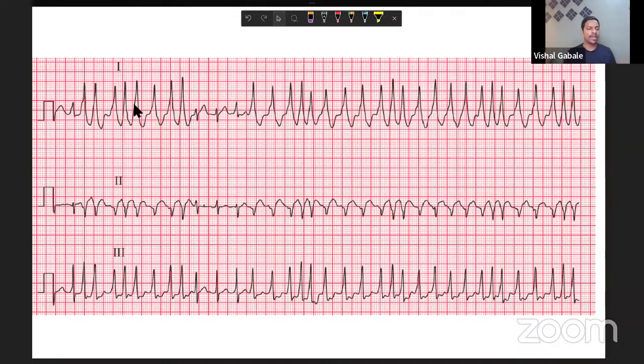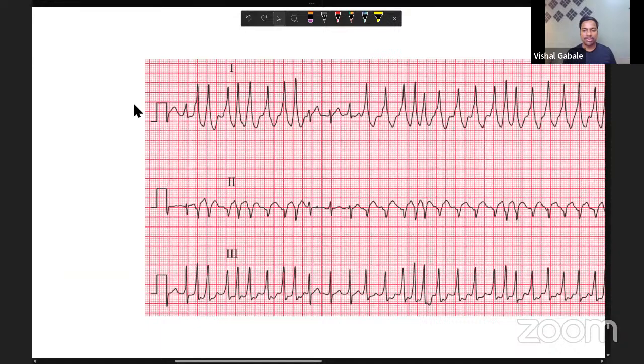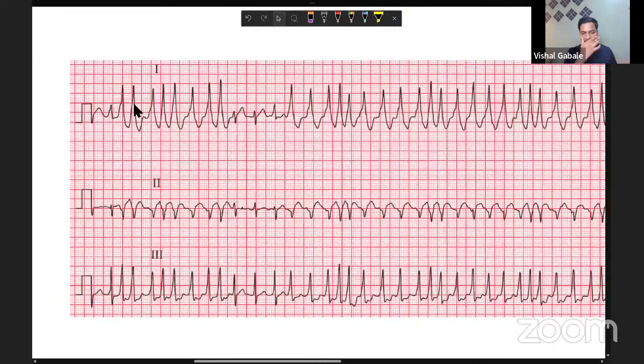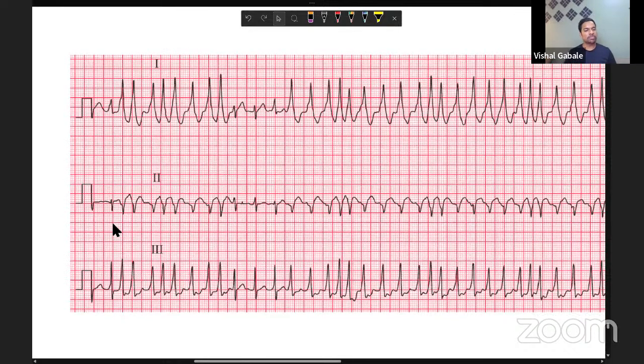This is not VT, guys. This is atrial fibrillation itself, but with pre-excitation. So this is atrial fibrillation with pre-excitation.